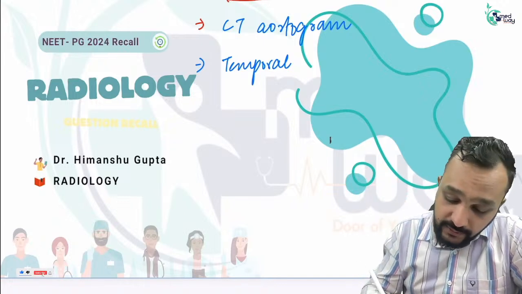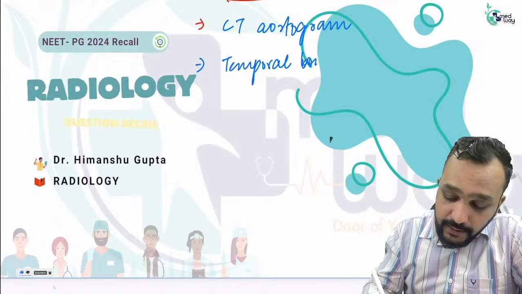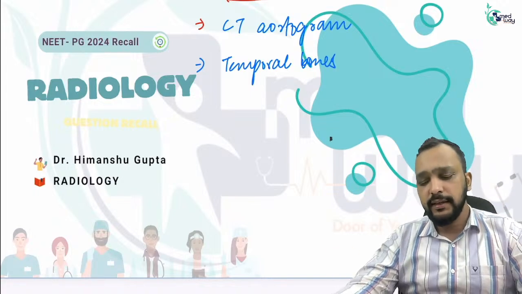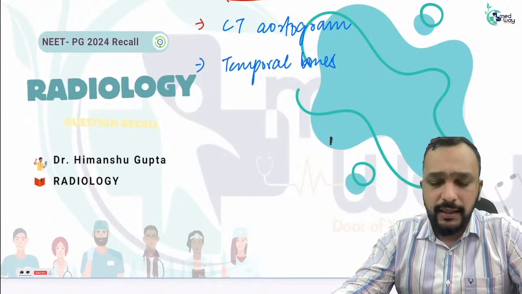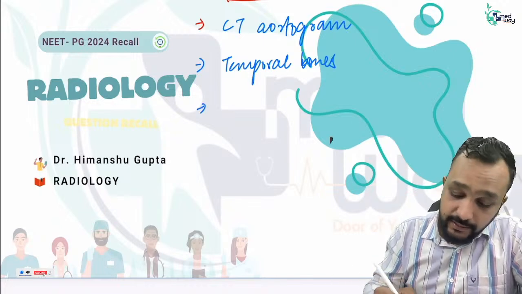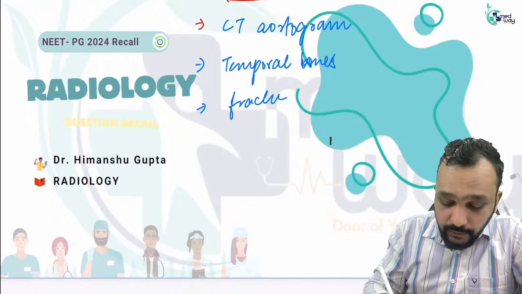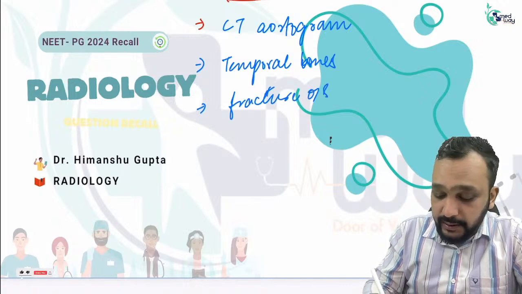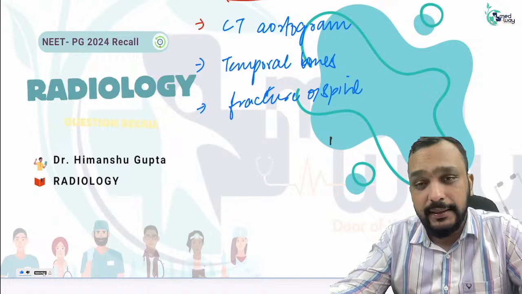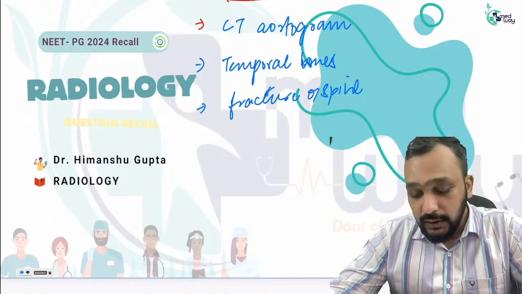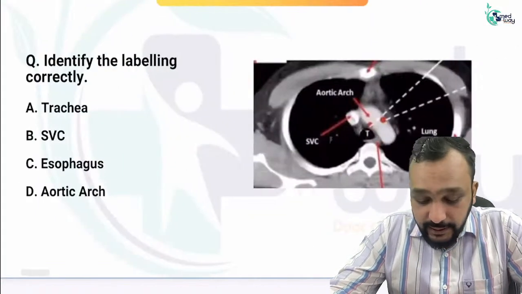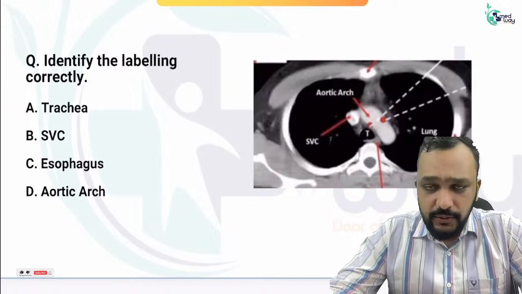Yes, it was a difficult exam, right? But given the history, things can become a little easy. Then images of the fracture of spine, again, I would say a difficult question at your level. So exam was definitely difficult. So let us discuss the questions, right?